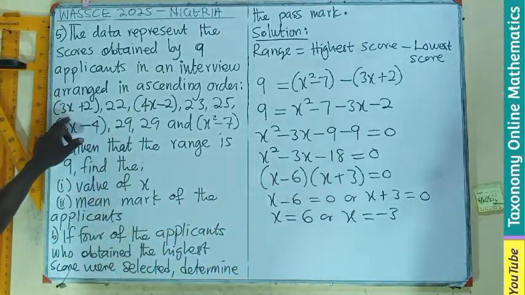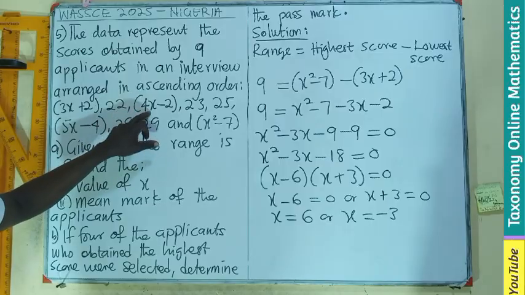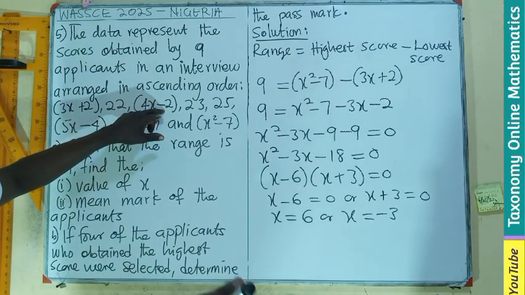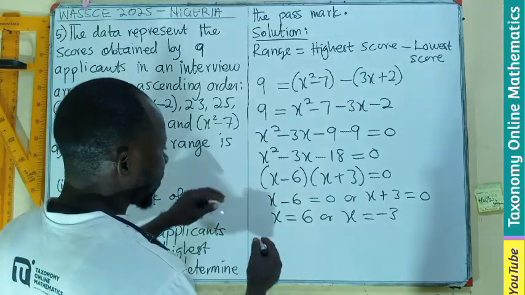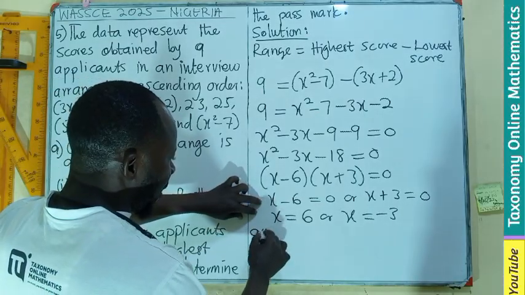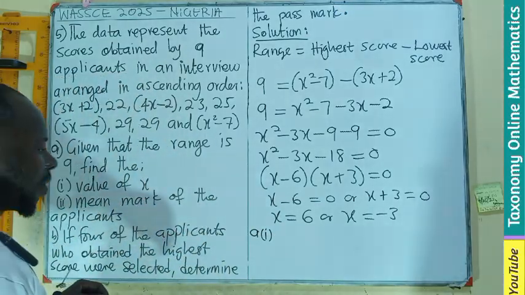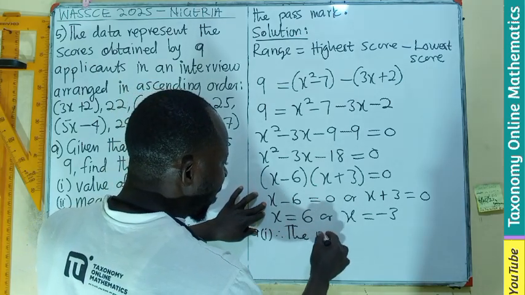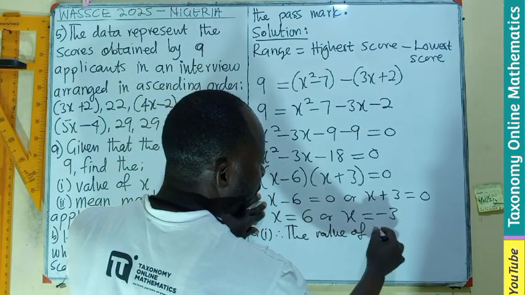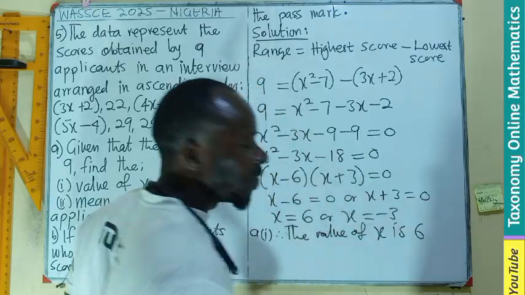If 6 goes here, I'll get positive, positive, positive, because 24 minus this, 22, in that order. So for question A, which is asking for the value, the value of x is going to be 6.